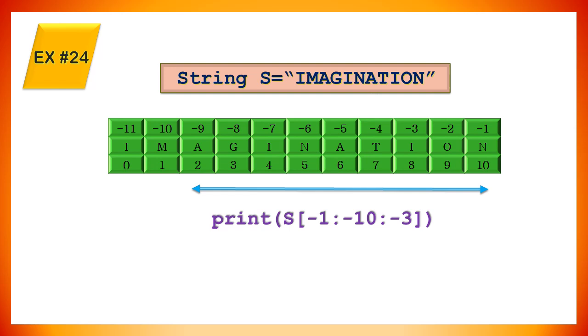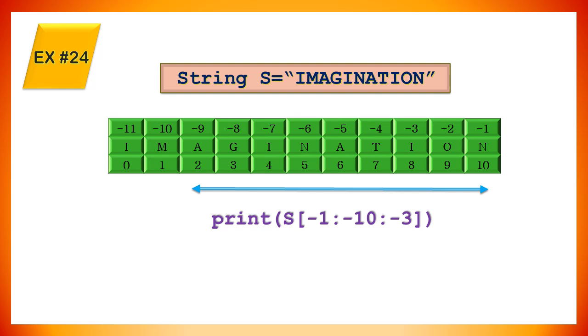Till now, whatever step values we have seen so far, the step value was positive, so we selected the indexes from left to right. But here we see the step value is negative. So negative step means the selection process of indexes will be done from the right hand side towards the left hand side.